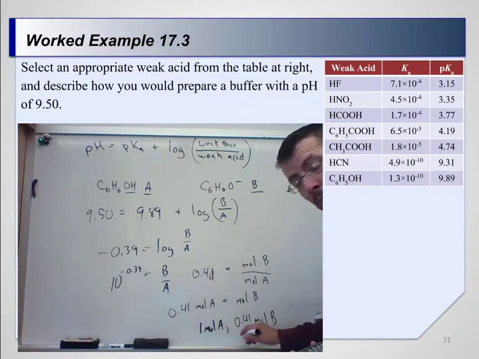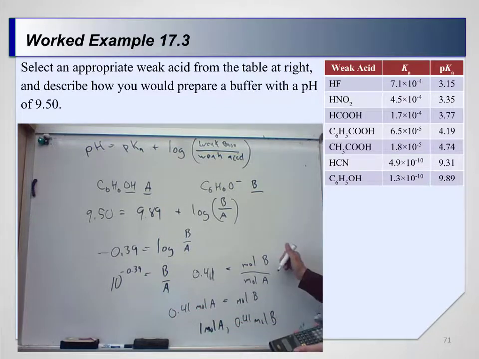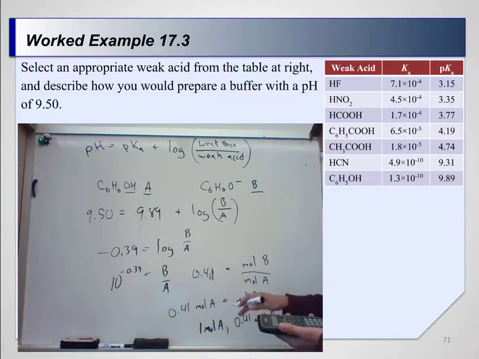But we could have started with any number of moles because this is a fraction. Another way to look at this, if this 0.41 isn't doing it for you, is that the moles of acid is 2.4 times the moles of base, which is consistent with this ratio.